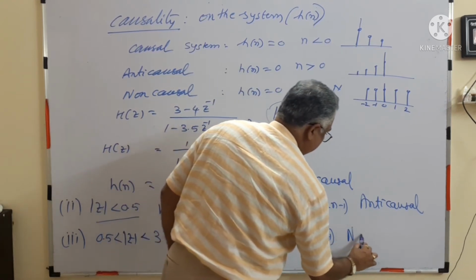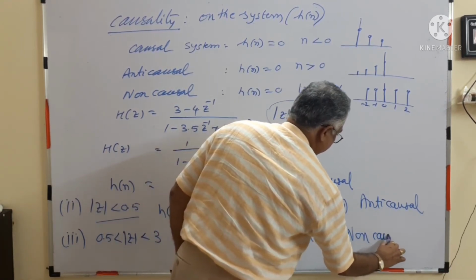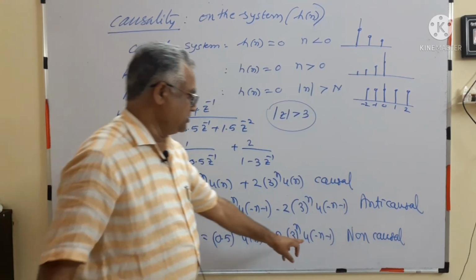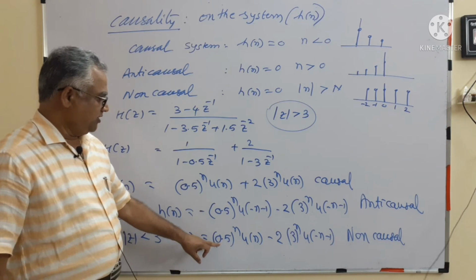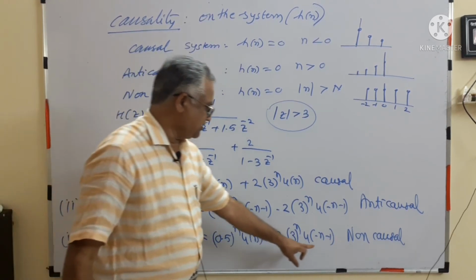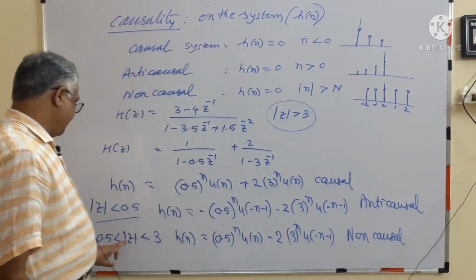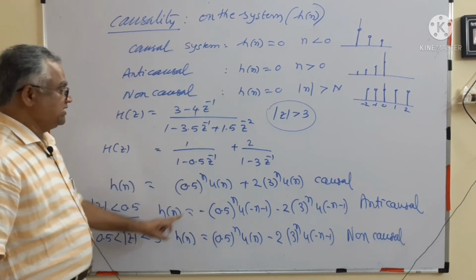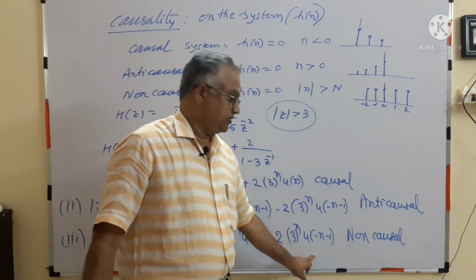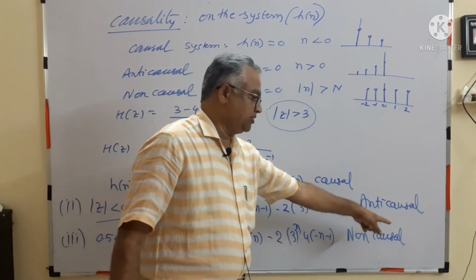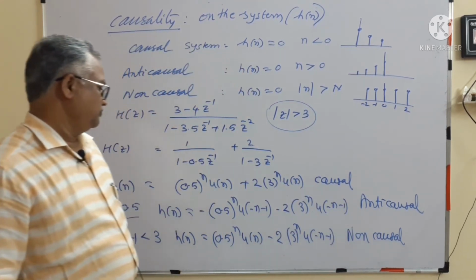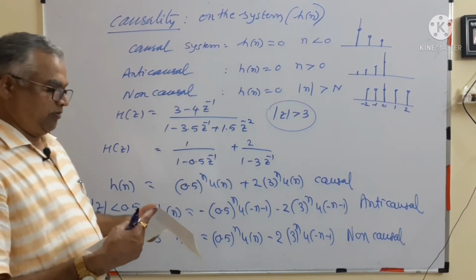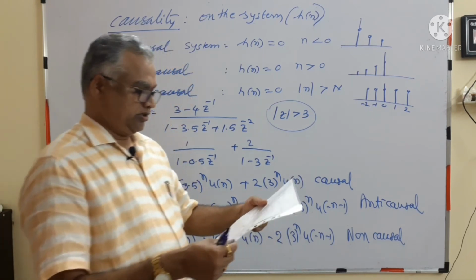So this is non-causal. Why non-causal? This is the right side, this is the left side. Greater than 0.5 is the right side. Less than 3 is the left side. So both sides exist: non-causal. Okay, so like this we can solve problems under causality.